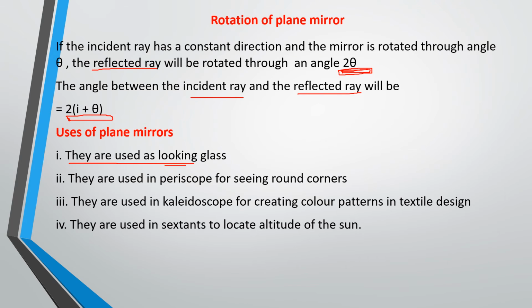You use it as a looking glass. Periscopes are used to see round corners. But the most common use of plane mirror is being used as a looking glass. That is the major use of plane mirror.